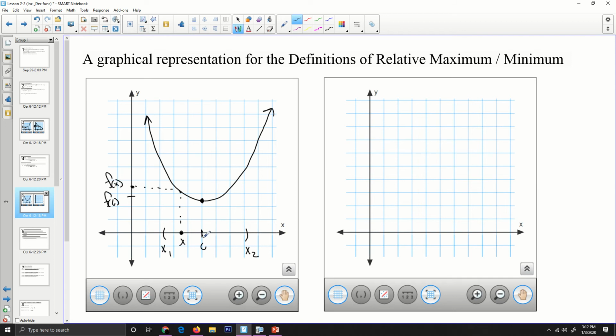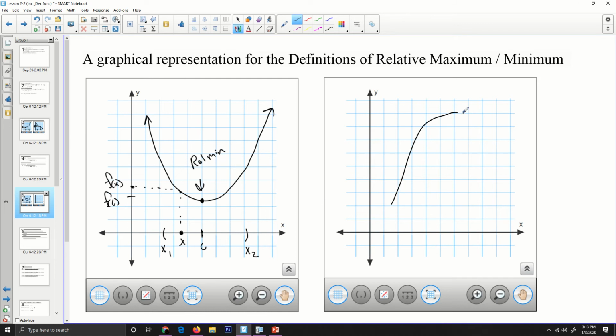And so for c to be a relative minimum over this interval from x1 to x2, any point x that you pick, the function value of that x has to be bigger than the function value of whatever that c is, and this is my relative minimum.